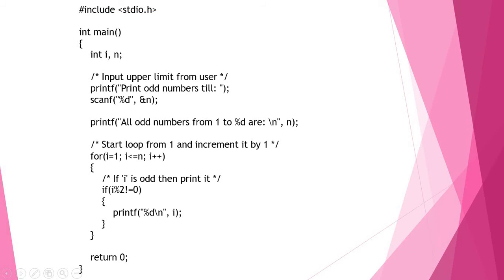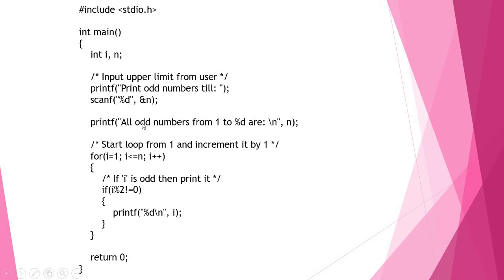Next part. The next program we are going to see is about odd numbers. Now we just have to do the vice versa. The coding is the same, it just sets the upper limit from the user.